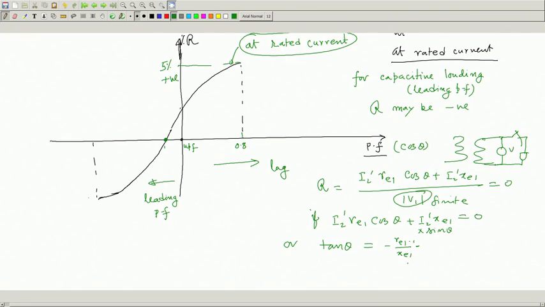So theta will be negative, indicating it is a leading power factor. Okay, so it is this point.